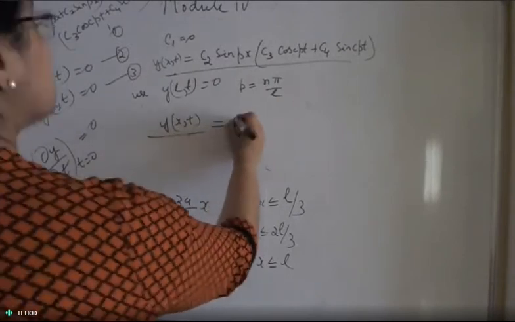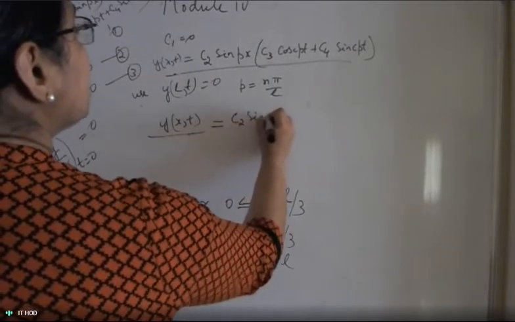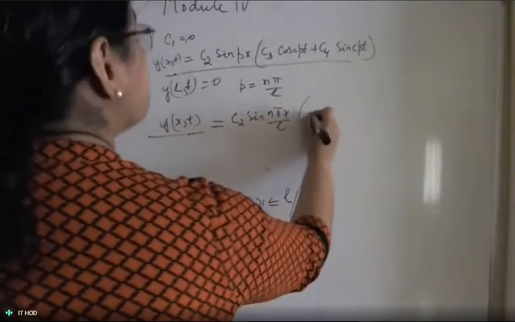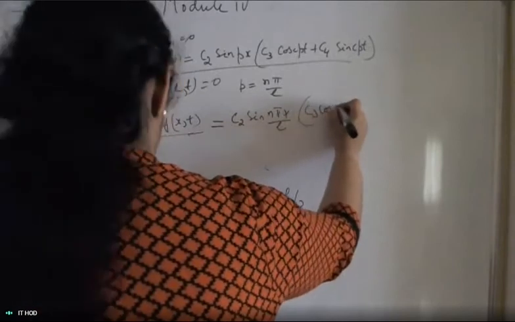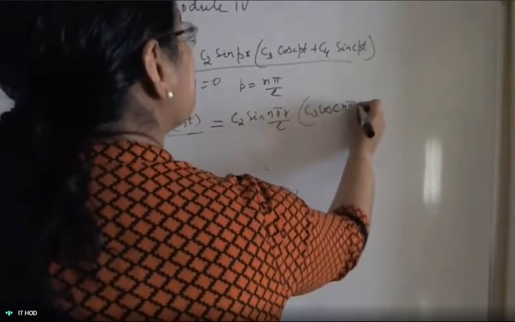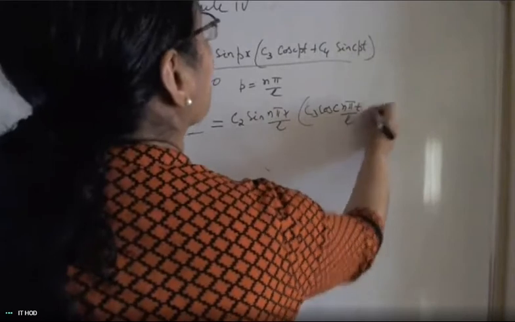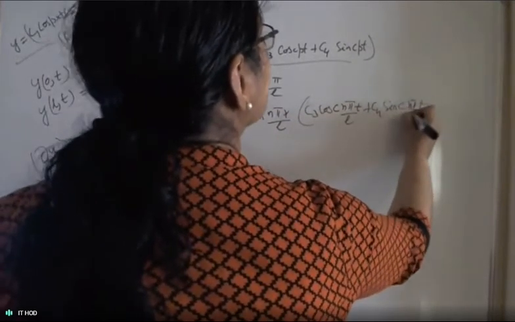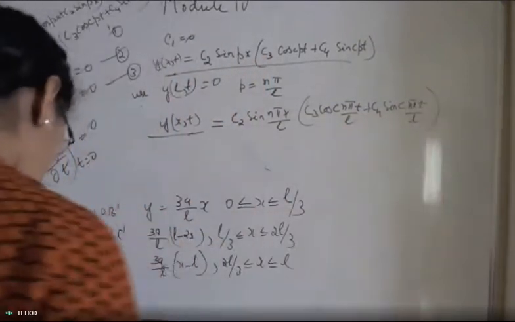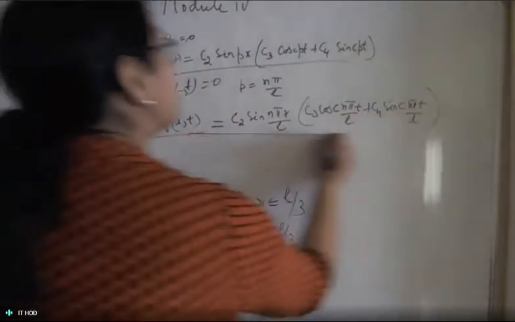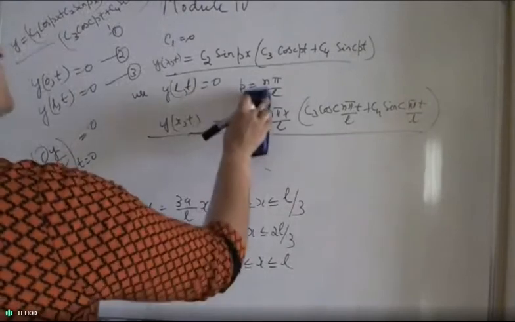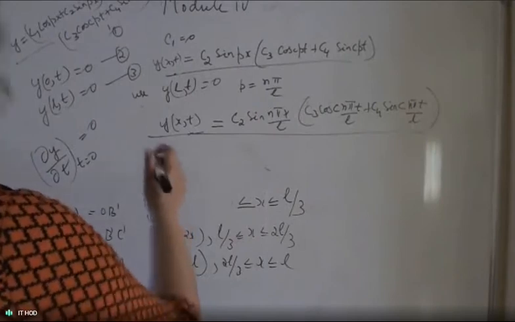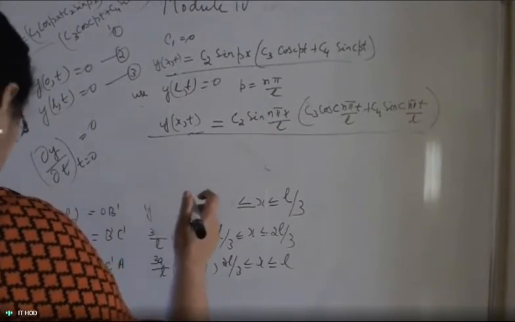So y(x,t) is equal to C2 sin(n pi x by l) into [C3 cos(c n pi t by l) plus C4 sin(c n pi t by l)]. This is our new y(x,t) here.